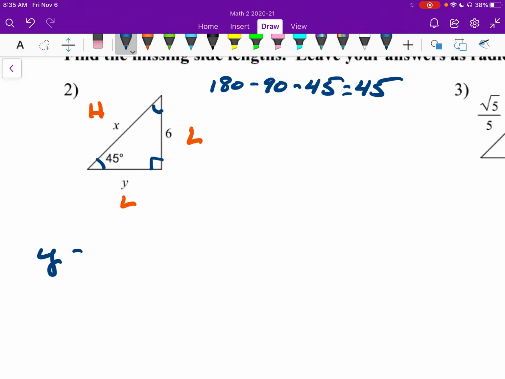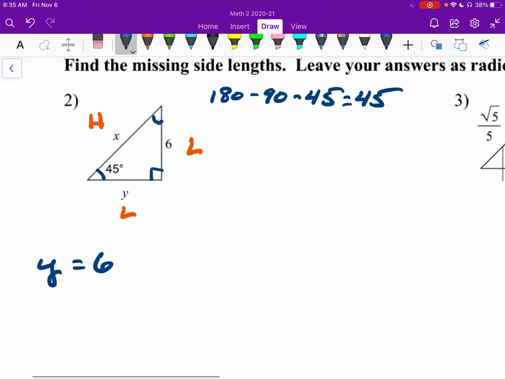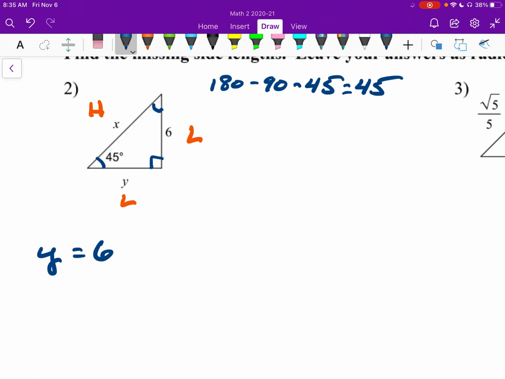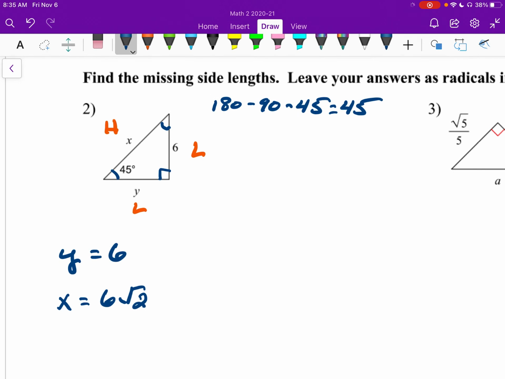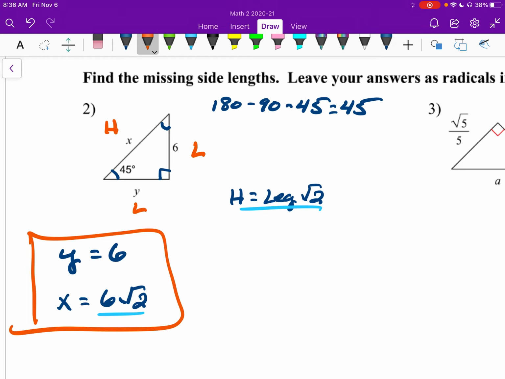So y is going to be 6. And our hypotenuse, x, is going to be 6 root 2, right? I use the formula that the hypotenuse equals the leg times root 2. This is the formula that I use to get that right there. All right, and we're done.